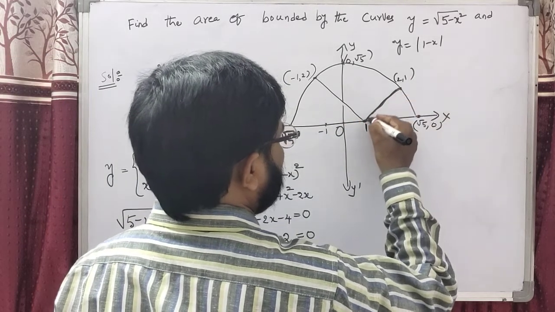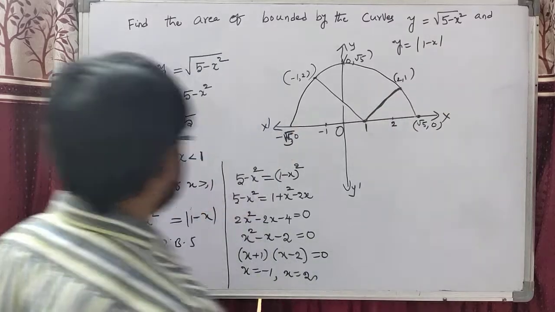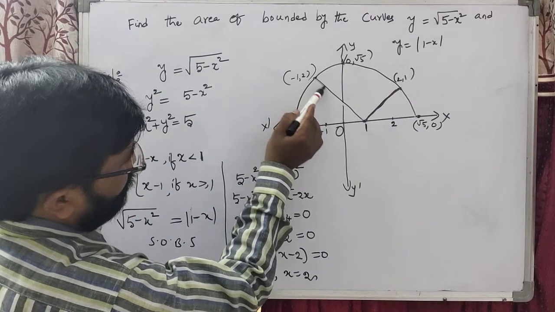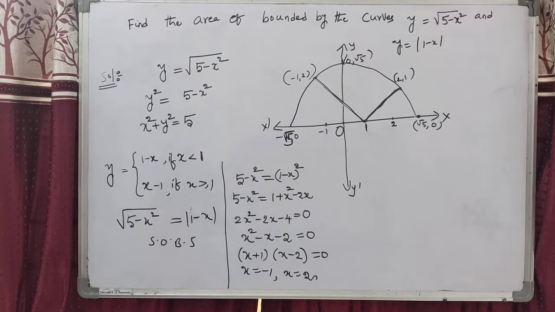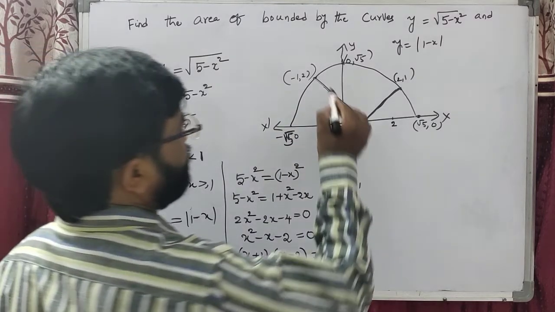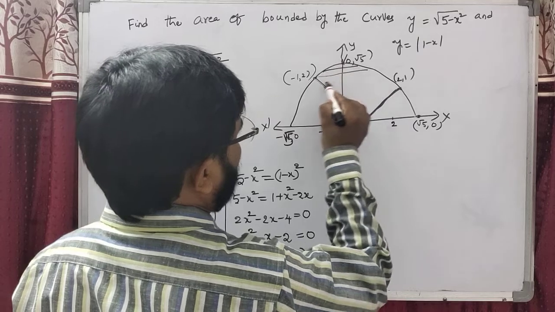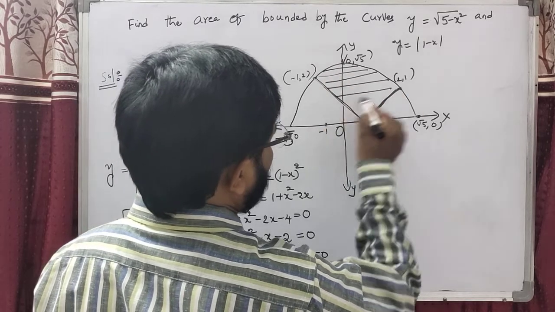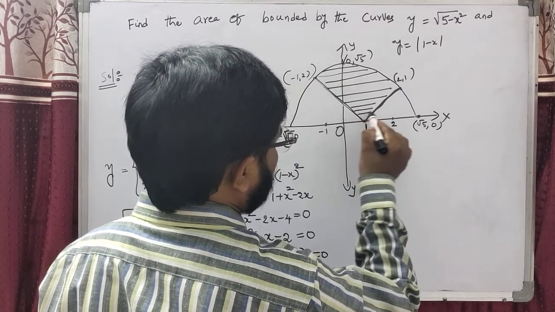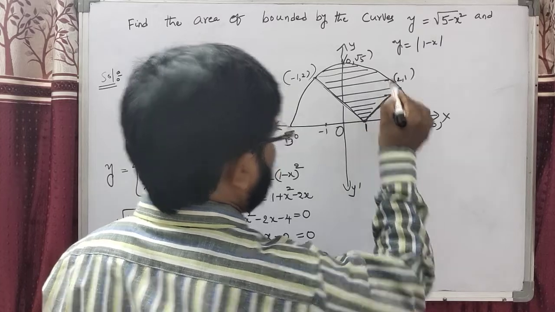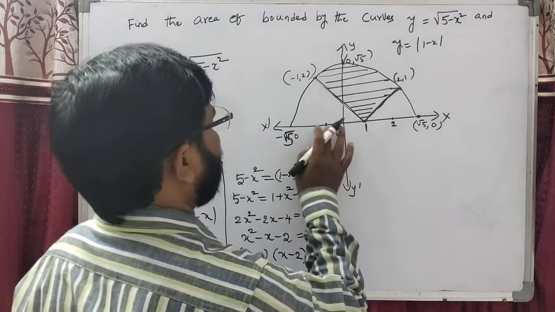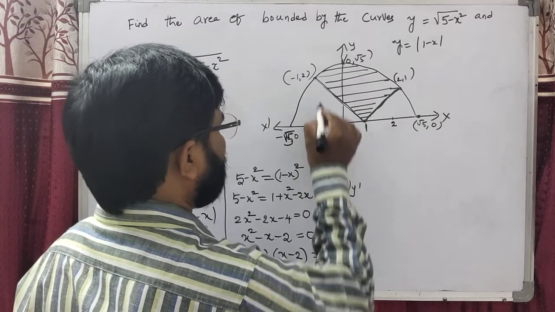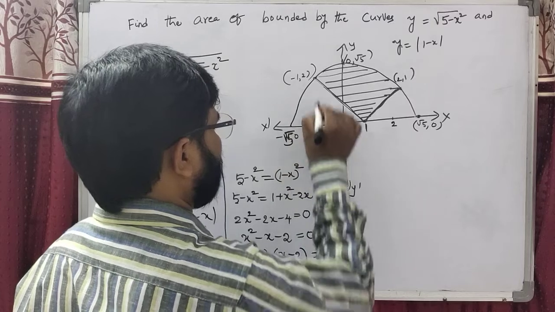And this is y equal to 1 minus x. So students, now this is our required area. Okay, how to find this required area: first I will find, dear students, please observe here.